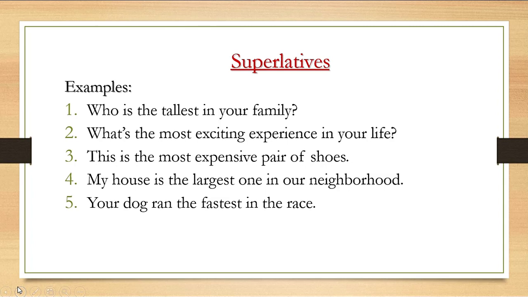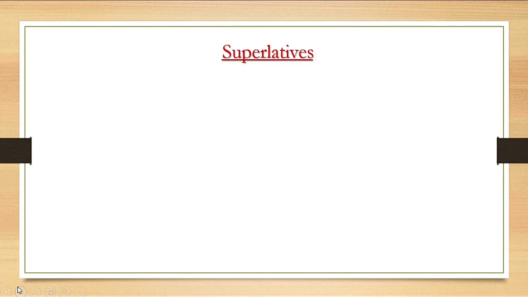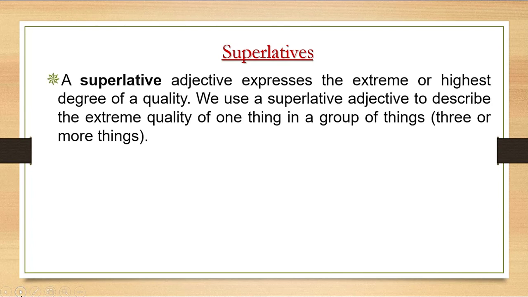So can you tell me, when do we use superlatives? A superlative adjective expresses the extreme or highest degree of a quality. We use a superlative adjective to describe the extreme quality of one thing in a group of things, 3 or more things.